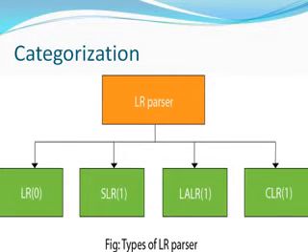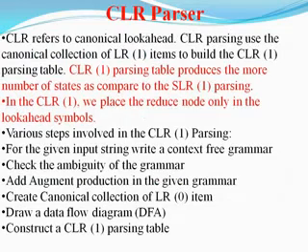Now let us move to the CLR parsing technique, the canonical left-right parsing technique. Here the task is processed from the left-hand side. First of all, whatever input is given to you, you should call that input a grammar.